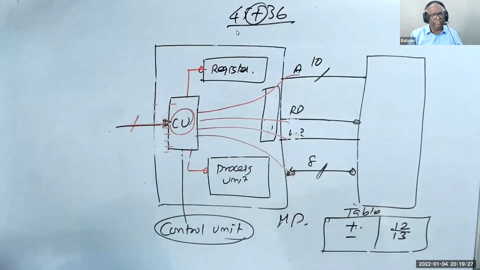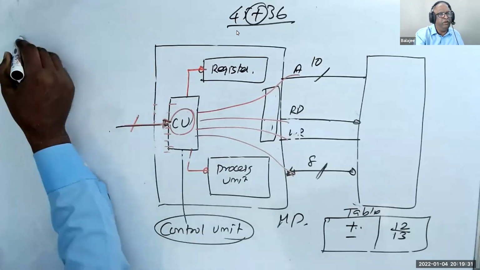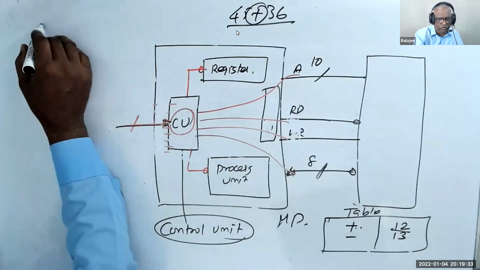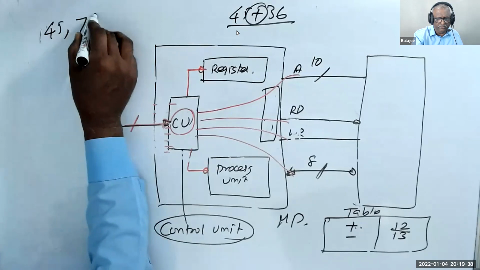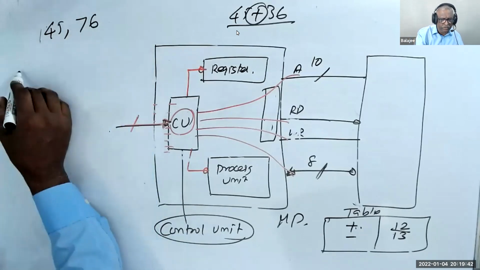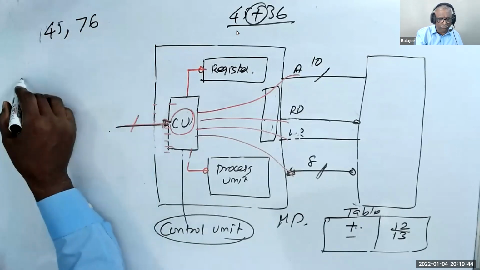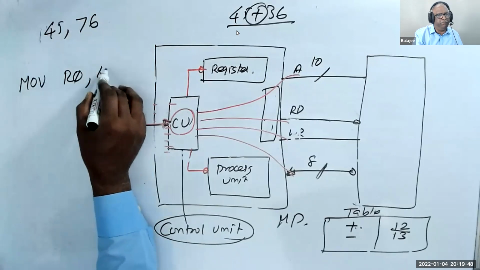Understand now? So let us do a small program. I wanted to add two numbers, 45 plus 76. What I do here is I say move R0, 45. This is one type of instruction.